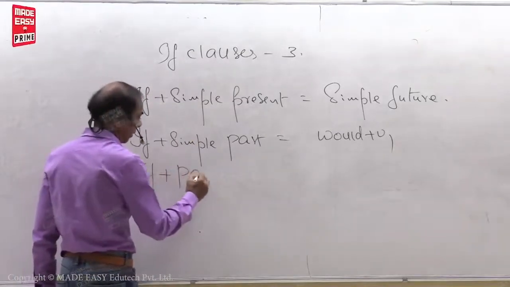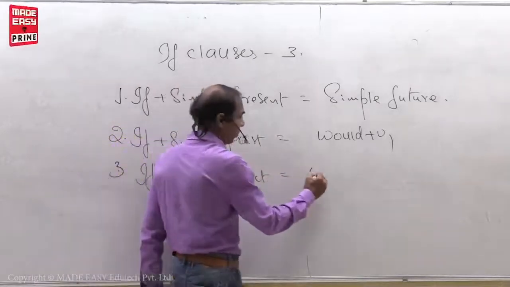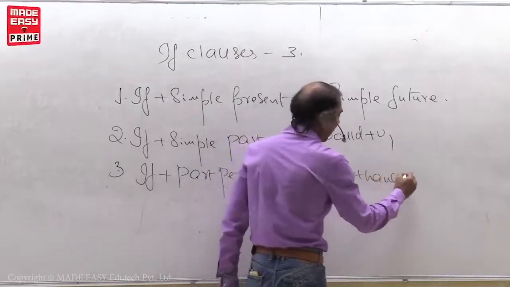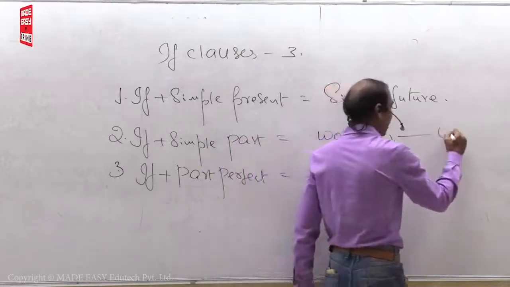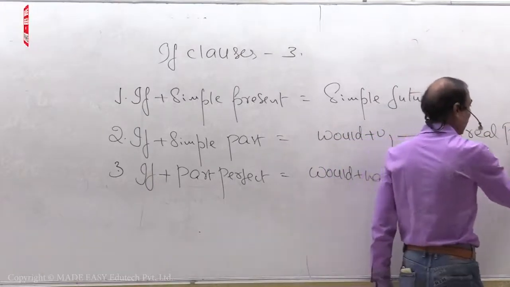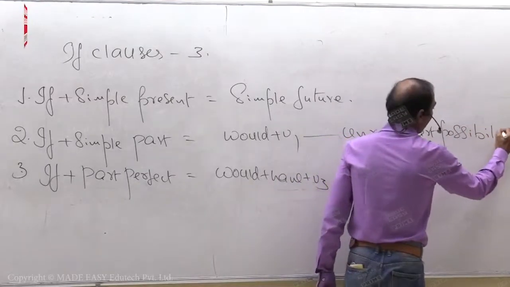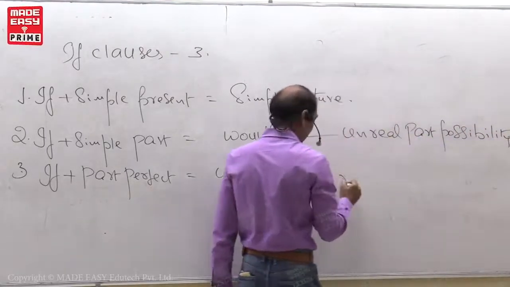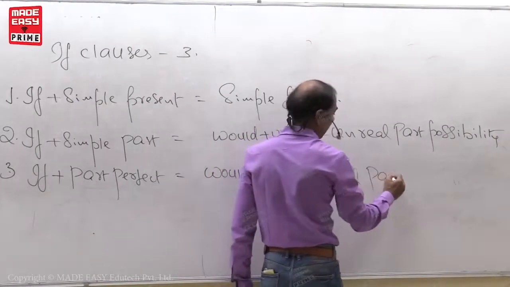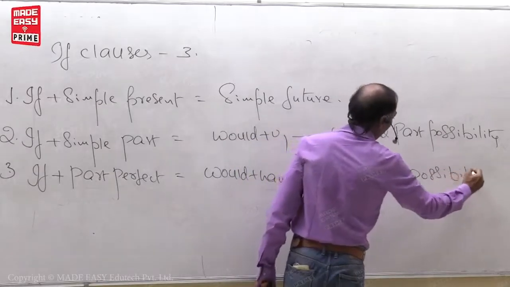If plus past perfect is equal to would plus have plus V3. This is unreal past possibility. This is real past possibility.